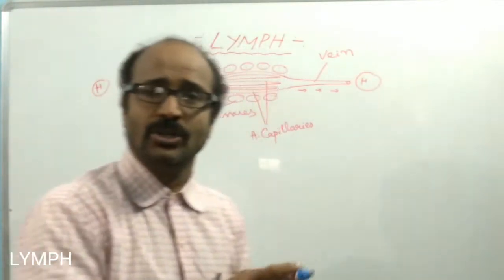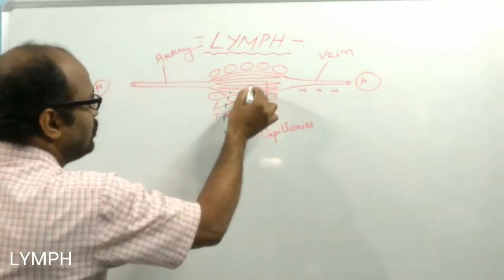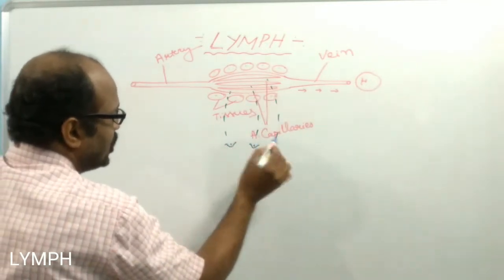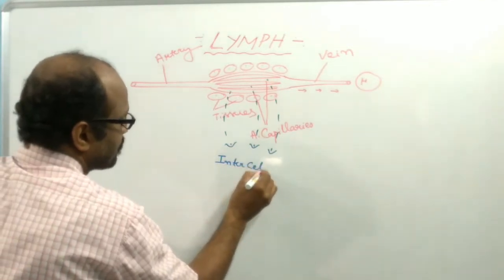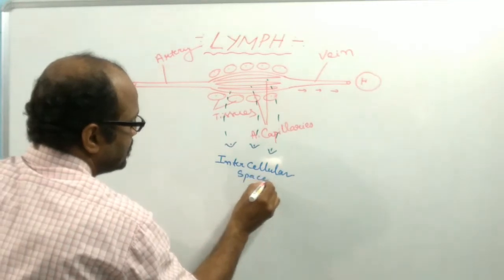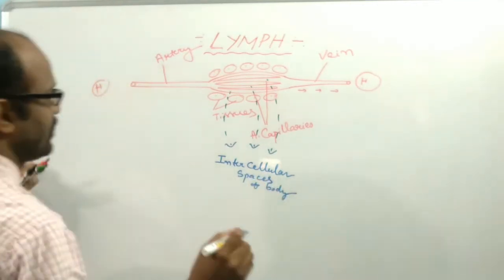As a result, the fluid oozes out from the blood into the intercellular spaces of the body.